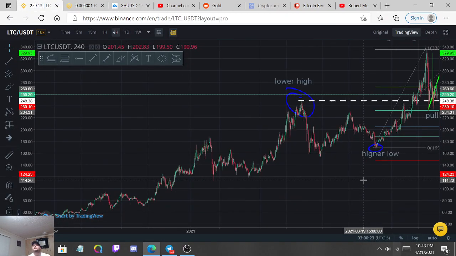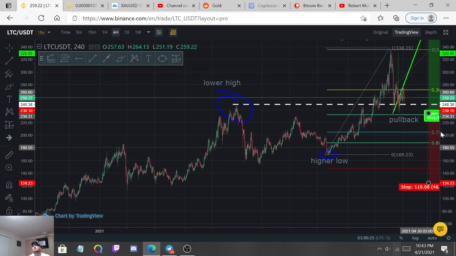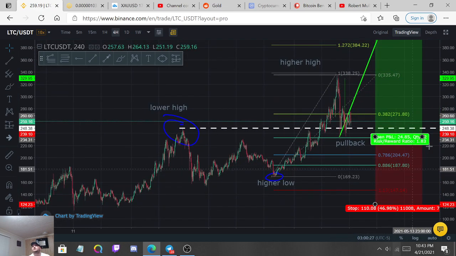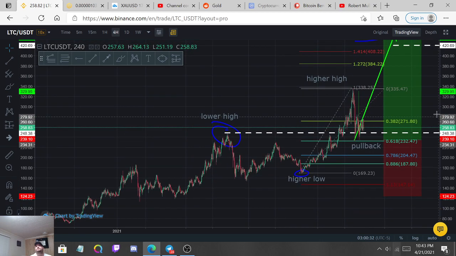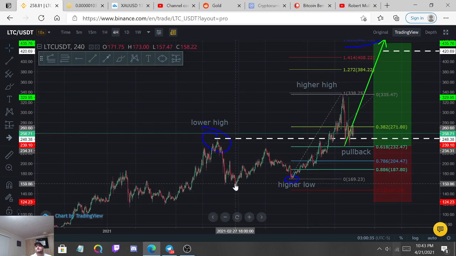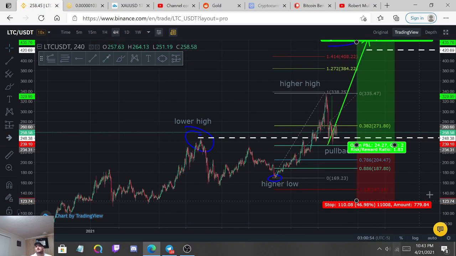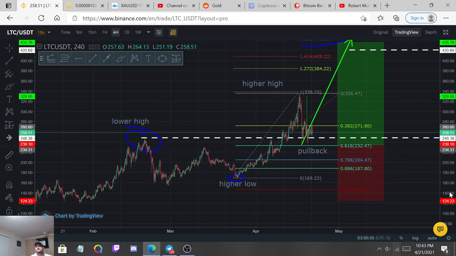I'm still looking at this, still looking at Litecoin. I do hold some of this. I bought here at 170, 195. I got 195, 170, 180. Bought some more. My highest order is like 204.20, I think.